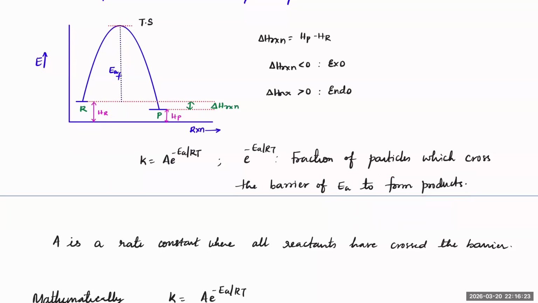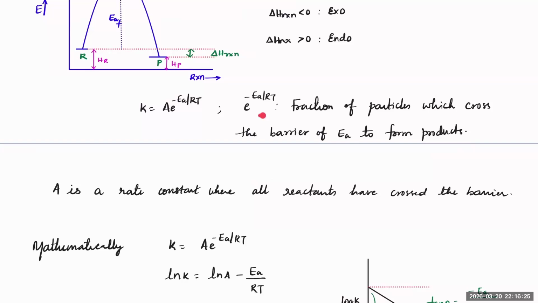Got it? For instance, if we talk about air particles, like nitrogen and oxygen colliding with each other continuously, even after the collision they are not forming products like NO gas or NO2 gas.